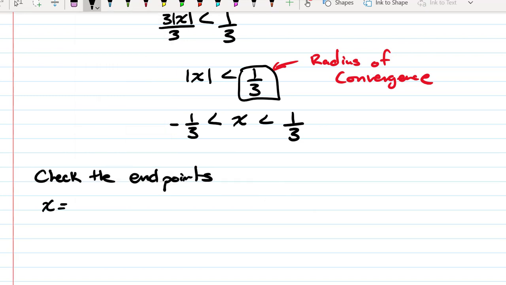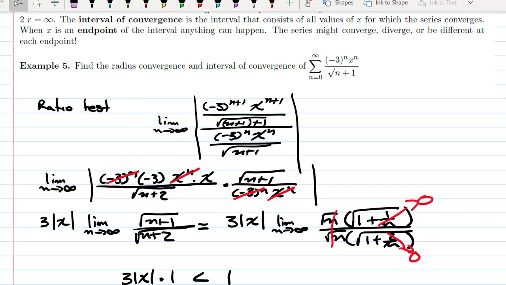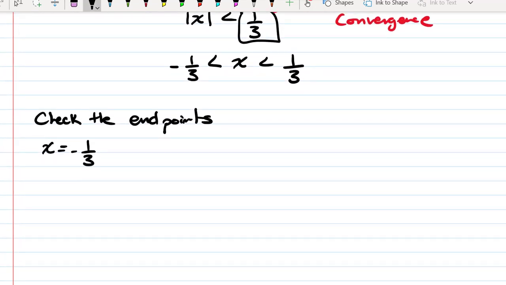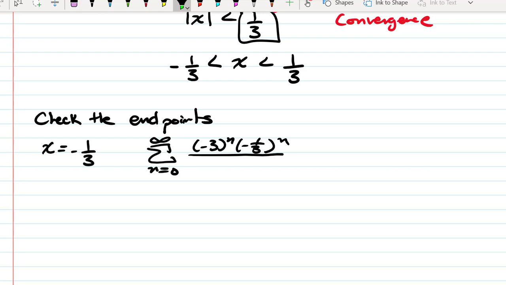So if we check x equals negative 1/3, and we put that back into our original series, we're going to have the sum as n goes from 0 to infinity of negative 3 to the n times negative 1/3 to the n, all divided by the square root of n plus 1.